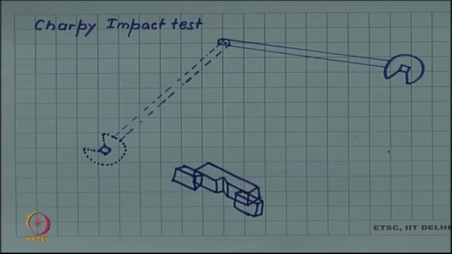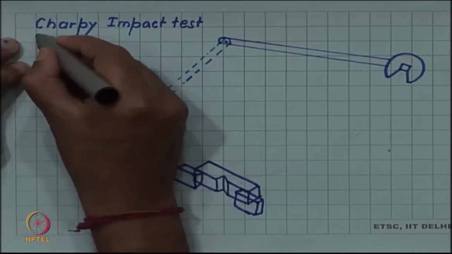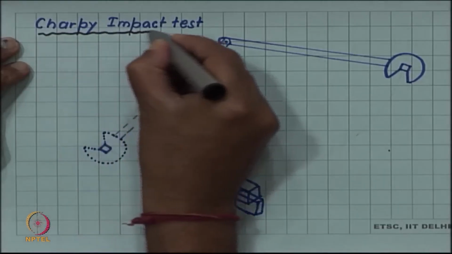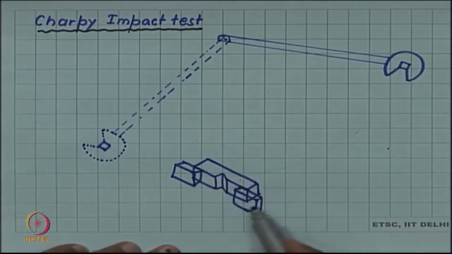One of the methods by which this ductile to brittle transition is studied and illustrated is the so called Charpy impact test. So, let us look at what is involved in this test. In this test, we have a sample, a rectangular sample.